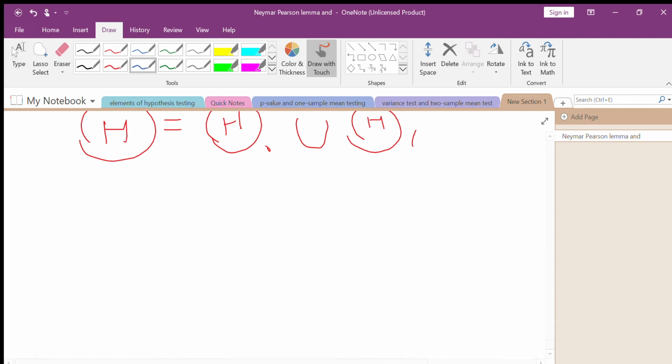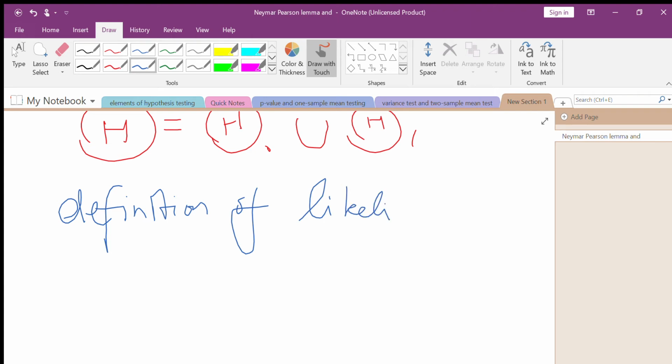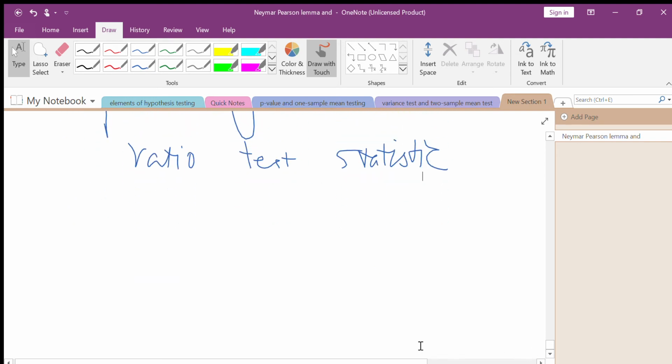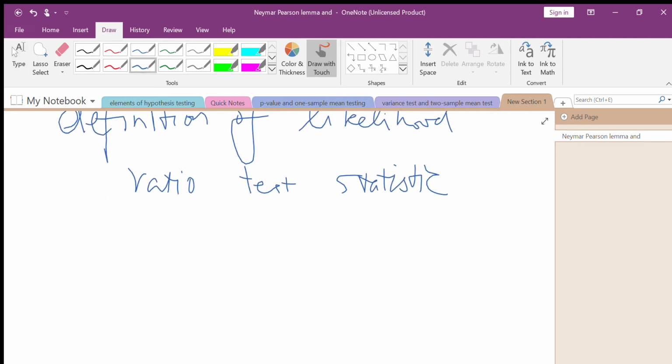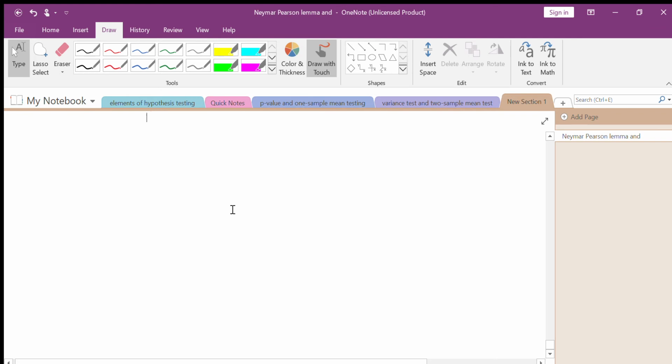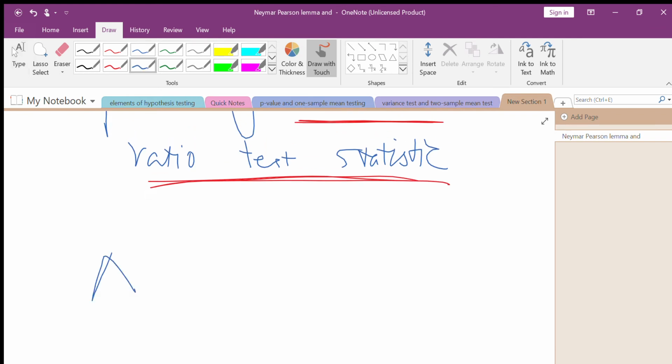Okay. So then we can introduce the definition of the likelihood ratio test statistic. The likelihood ratio test statistic is denoted as capital lambda, which equals a ratio.